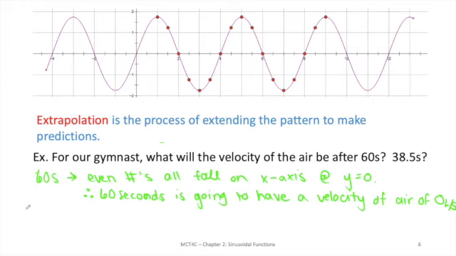Now, for 38.5, we can kind of use the same. So we know that the even numbers all fall on the x-axis at y equals 0. So 38 would be on the x-axis. And then we know that either it needs to go, it'd be like 2.5, right, went down to our negative 1.24, or 4.5 went up to our 1.24.